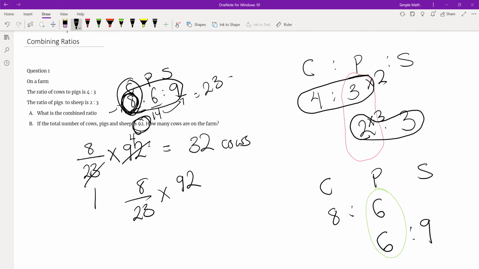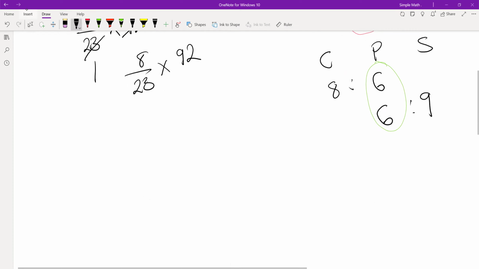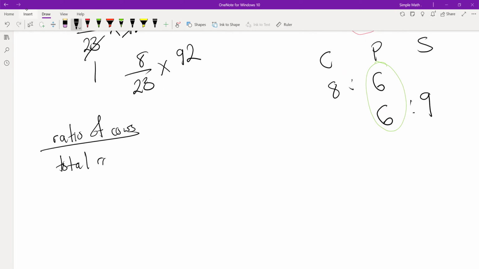Or another way you could write it is something like this. You could say ratio of cows over total ratio is equal to number of cows over the total number of animals. This is just if you want to write it in a very pleasing way, maybe if it's a theory question.